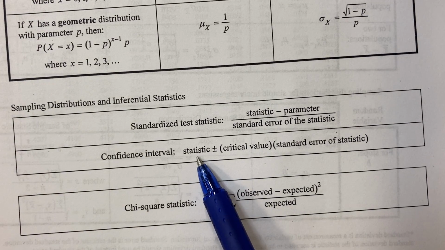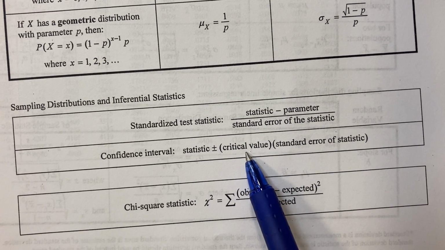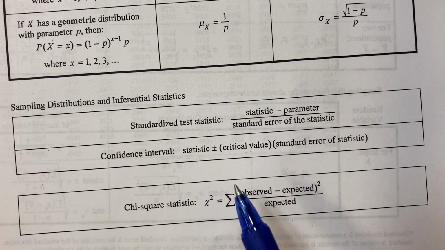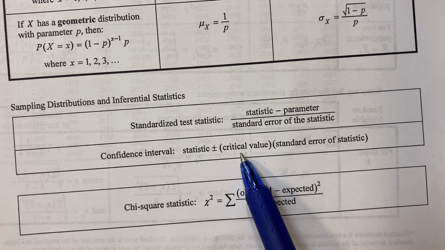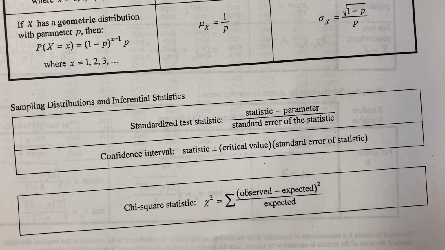So our statistic will be our sample proportion. Statistic always comes from a sample, remember? Critical value for this particular problem will be a z critical value, because it's a proportion and we're doing normal distribution, a z critical value of 95% for this problem. 95% is usually the standard.